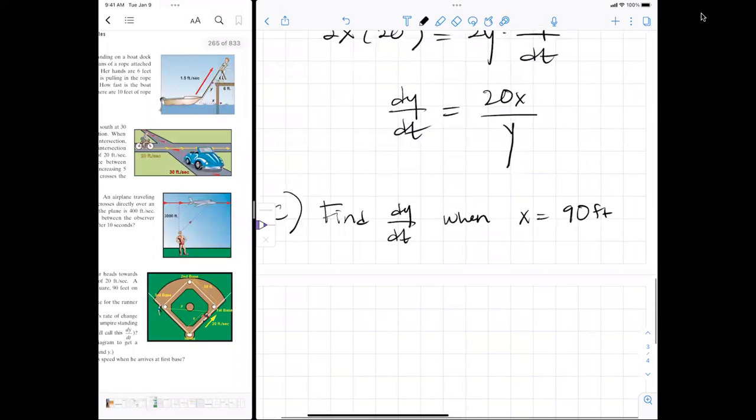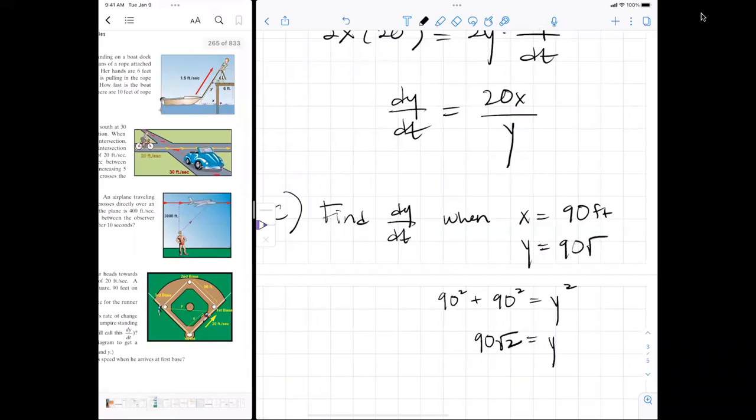We also need to know what y is at that moment in time. So we would go back to our Pythagorean theorem in order to solve for y. So plugging 90 in for x, I believe we end up with y equals 90 root 2, if you simplified it to that. So y would be equal to 90 root 2 feet.